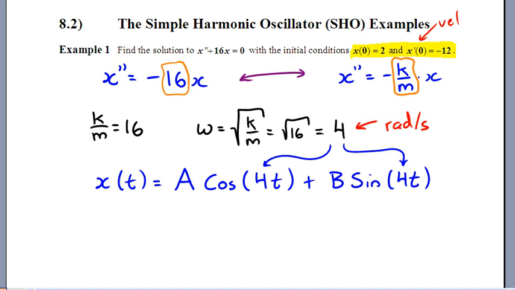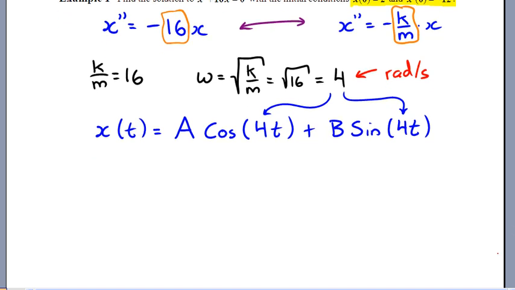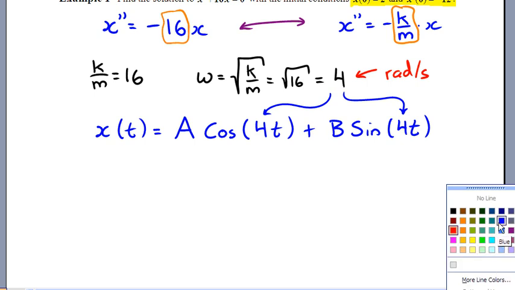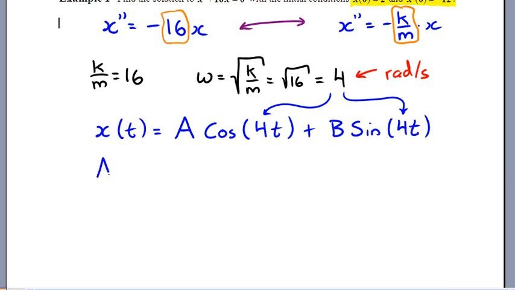Well, we saw last day how you can figure out these values for A and for B using those things. The value for A is just equal to the original position, so A has to equal 2 in this story. We'll substitute that in in a minute. For B, you'd have to take a derivative of A cos 4t plus B sine 4t, and the omegas would show up.